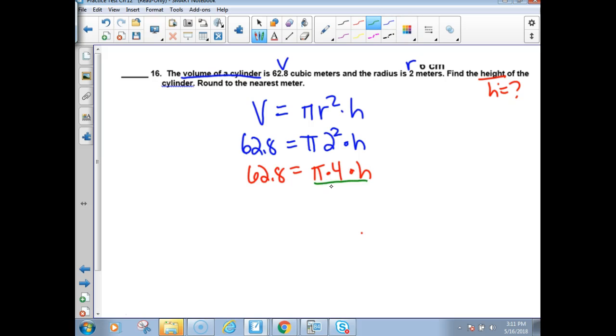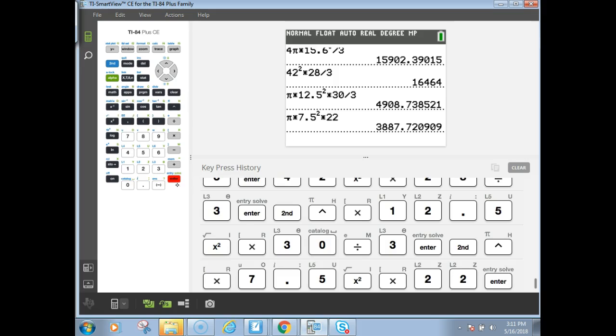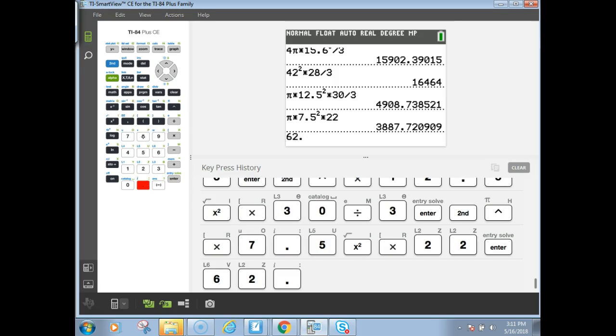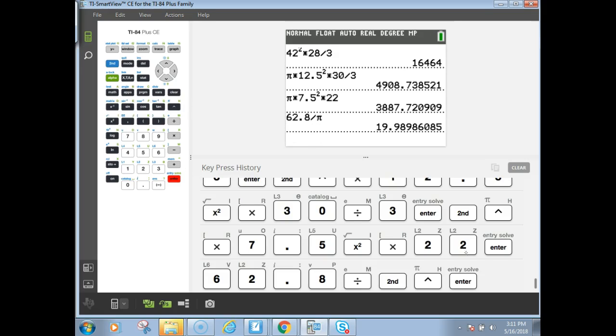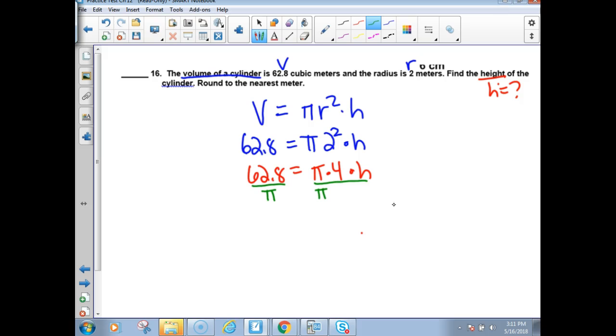And I recommend that you do this one thing at a time, or it's very likely to come out wrong. So I'm going to go 62.8 divided by pi. Wait, did somebody do something else? Don't assume you're wrong if you did something else already. That's 19.99.